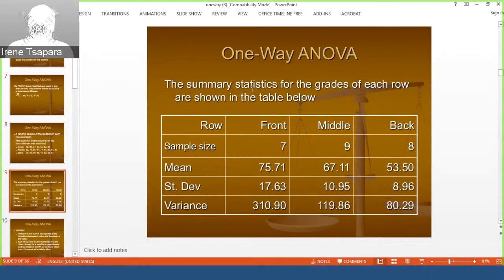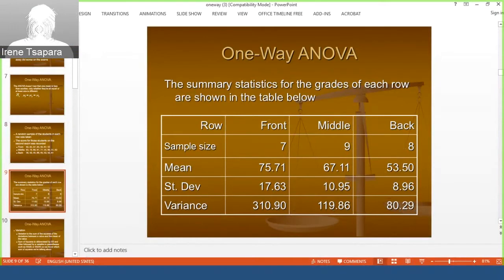Now we look at the summary statistics for each one of the rows: the front row, the middle row, and the back row. We see that the sample sizes are different. We have the means, the standard deviations, and the variances. You may observe here that the variances do not look equal at all.